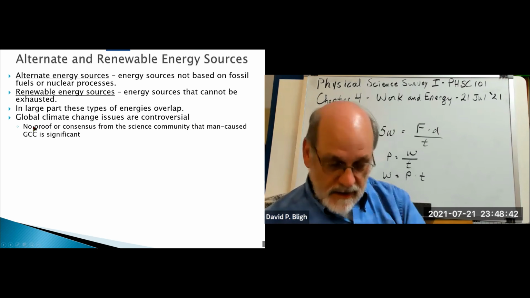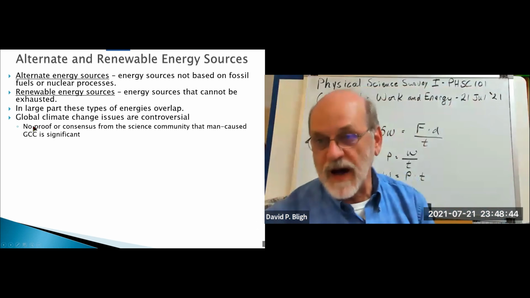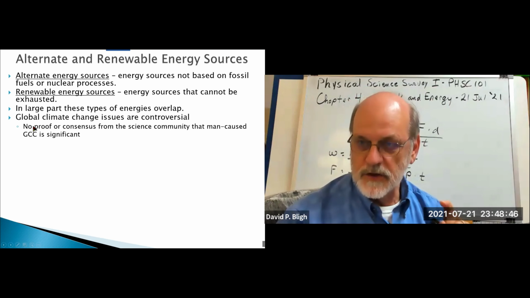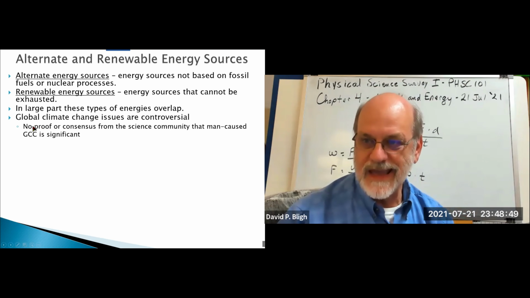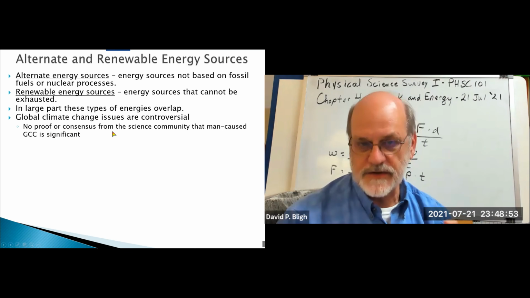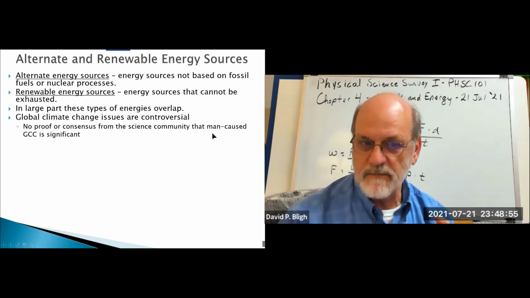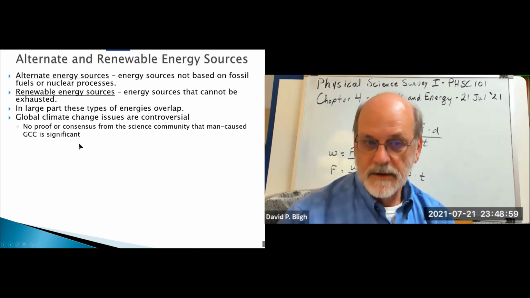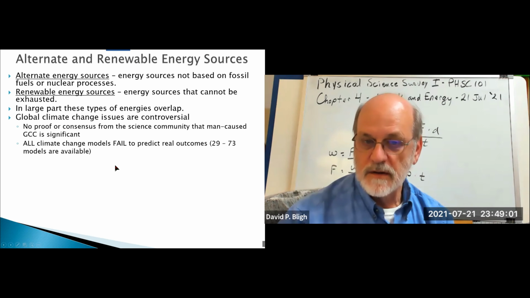Regardless of what the popular literature says, newspapers, talking heads on television, there's no proof, there's not even consensus from the scientific community that man-caused global climate change is significant. They're basing their predictions upon models of climate change.